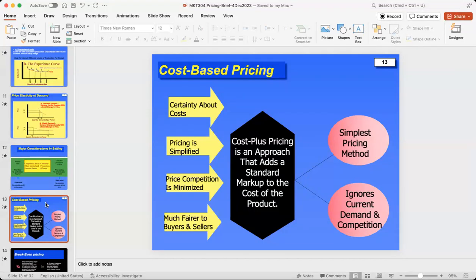Whatever you sell, imagine a supermarket that sells 100,000 different products, everything is plus 20%. The problem with this method is that for some products it could be plus 50%, and for some products it should be plus 10%. Having a plus 20% makes it easy, but it's not as efficient, but it's the simplest method to adopt.